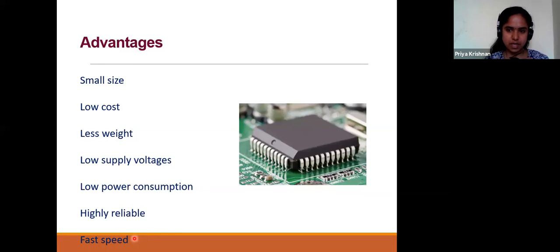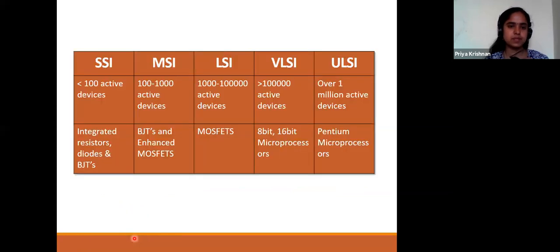I'll move to the next slide. So this slide gives you the overview of SSI, small scale integration, medium scale integration, large scale integration, and you all know very large scale integration, and then ultra large scale integration.